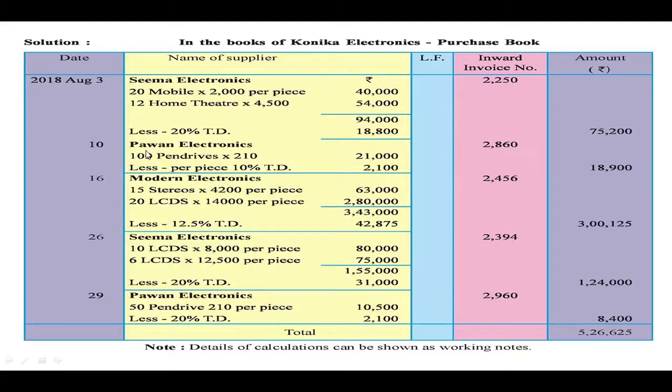Name of the supplier, Pawan Electronics. 100 pen drives into 210, that is the price per piece. So that comes to rupees 21,000. From that we have to subtract 10% trade discount, that is 2,100. The net value is 18,900 and the inward invoice number is written here.